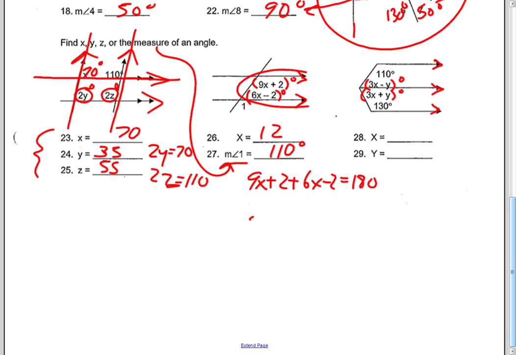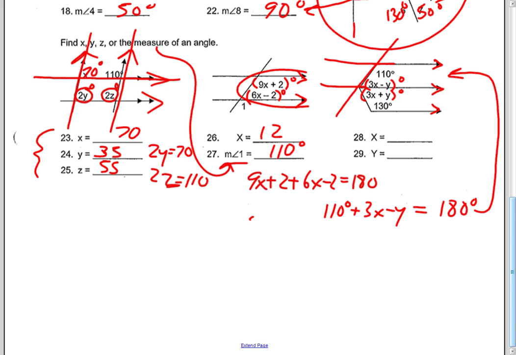If I extend this and this and this, what kind of angle pair are 110 and 3x minus y? It's just like all of these. They're all consecutive interior. So I can set up this equation: 110 plus 3x minus y equals 180. Correct? Because they're consecutive interior?